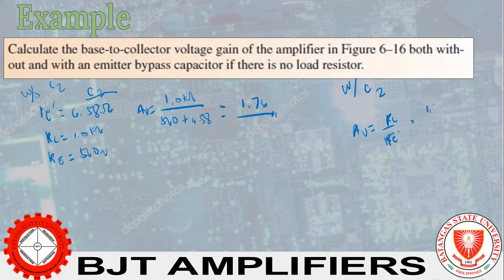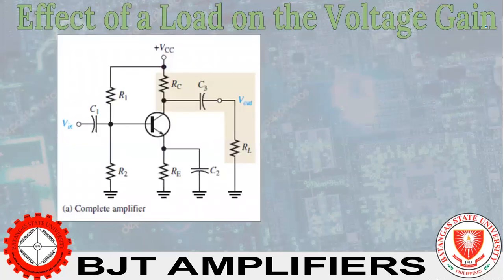So we have 1 kilo ohm over 6.58 ohms, which is equal to 152 na voltage gain. Okay, so kitang-kita natin kung ano yung naging effect ng bypass capacitor. Okay, so mas mataas ang gain na meron tayo with C2.